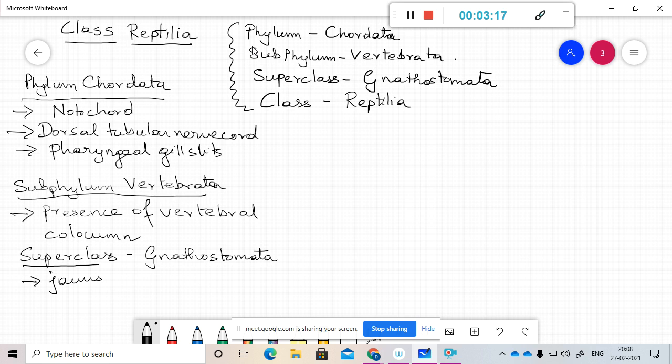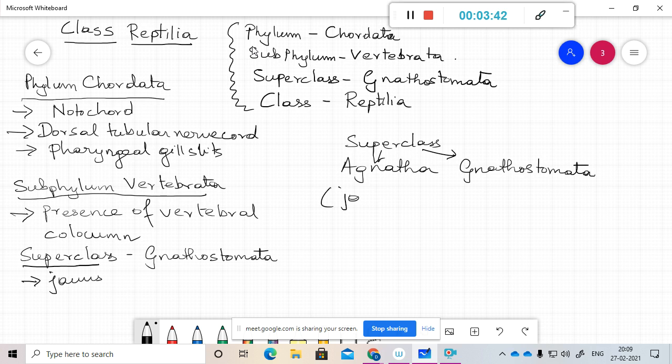There are two types of superclasses, Agnatha and Gnathostomata. Superclass Agnatha is the first one, and the second one is superclass Gnathostomata. Agnathans are jawless.